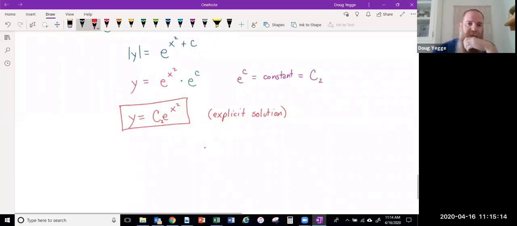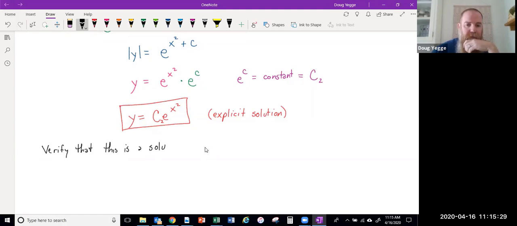So why don't you go ahead and get back into your groups and verify that this is a solution. Now I say a solution because I have C2, and C2 could be anything.